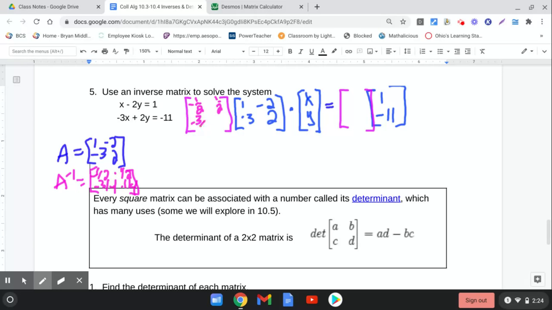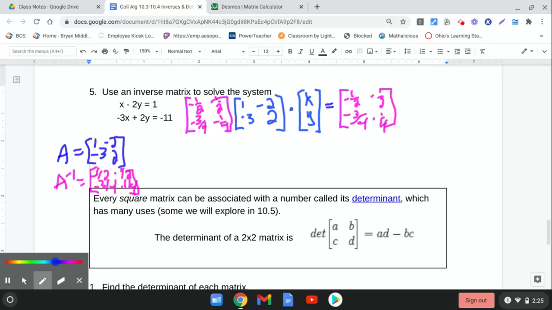If I multiply by that matrix here, I have to multiply by that matrix over here. And also remember over there was still this answer matrix.